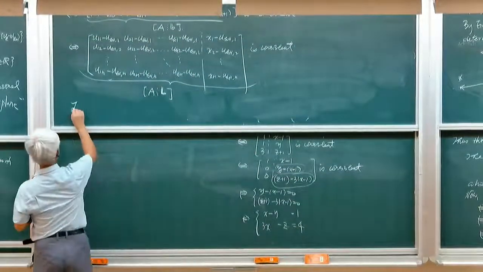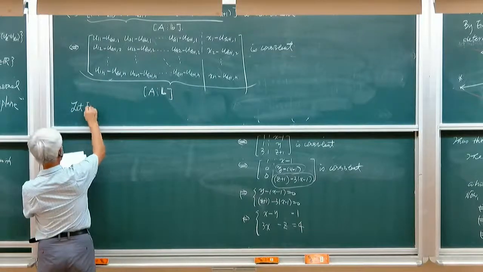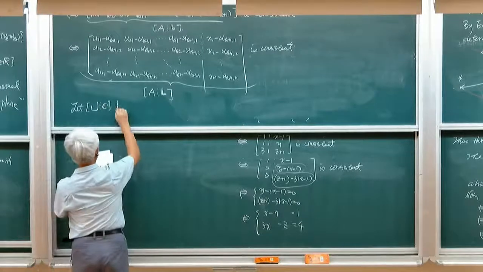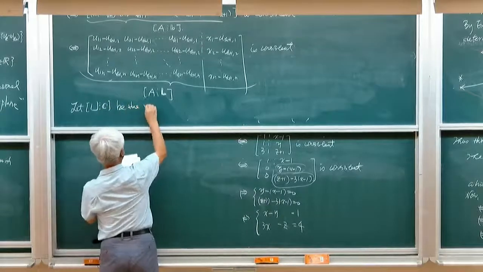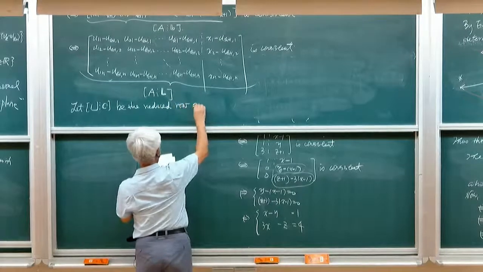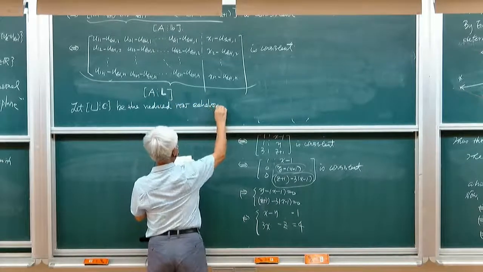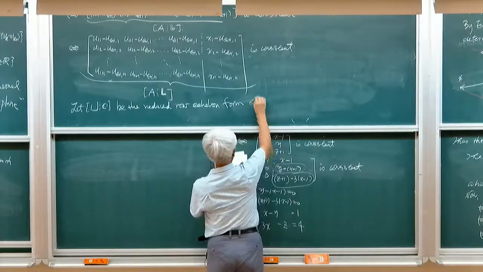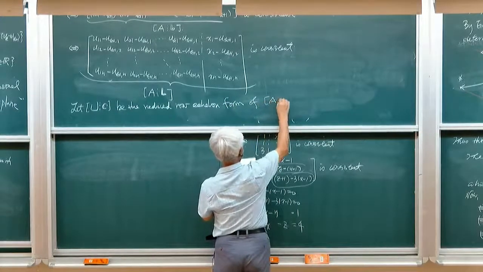Okay, and we let U, C be the reduced row echelon form of the augmented matrix A, B.